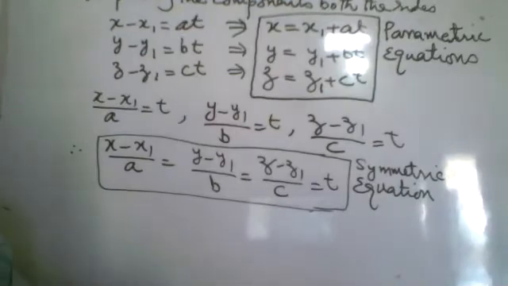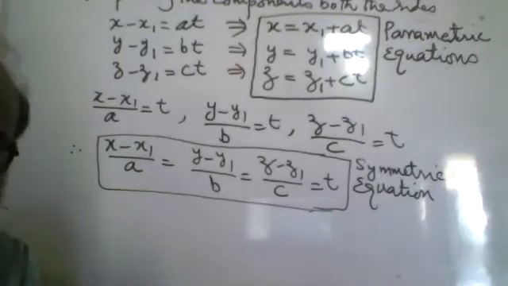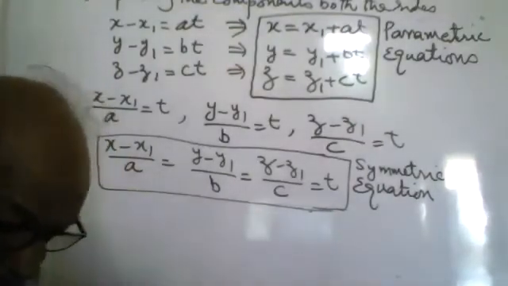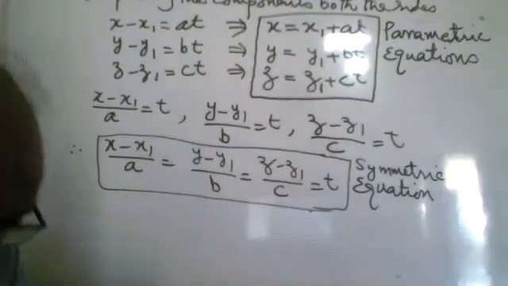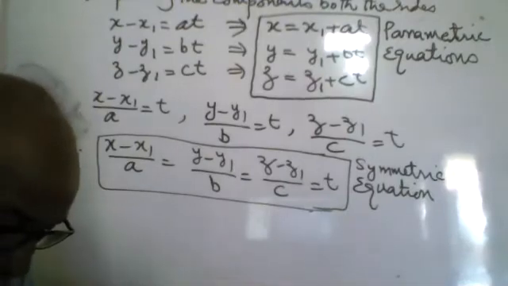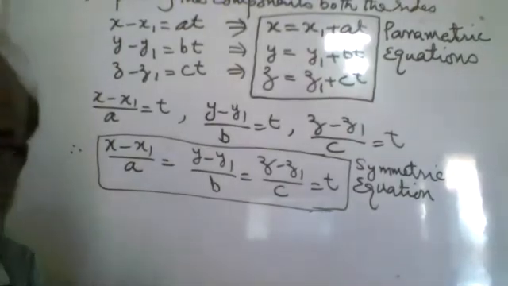Now we'll do question number 1. Find the equation of a line which is passing through (3, minus 4, minus 1) and parallel to the vector i plus j plus k.